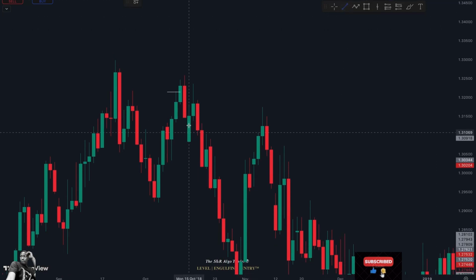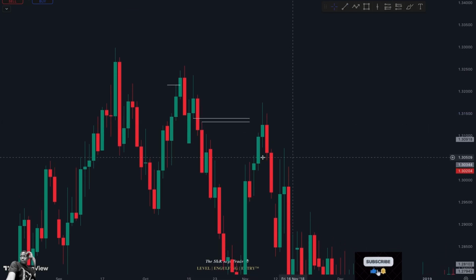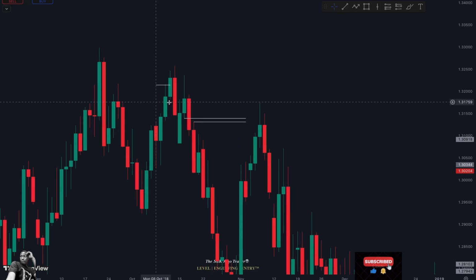When you check this candle here, then this one, that's an imbalance. It's the daily chart, that's why it is closely packed.